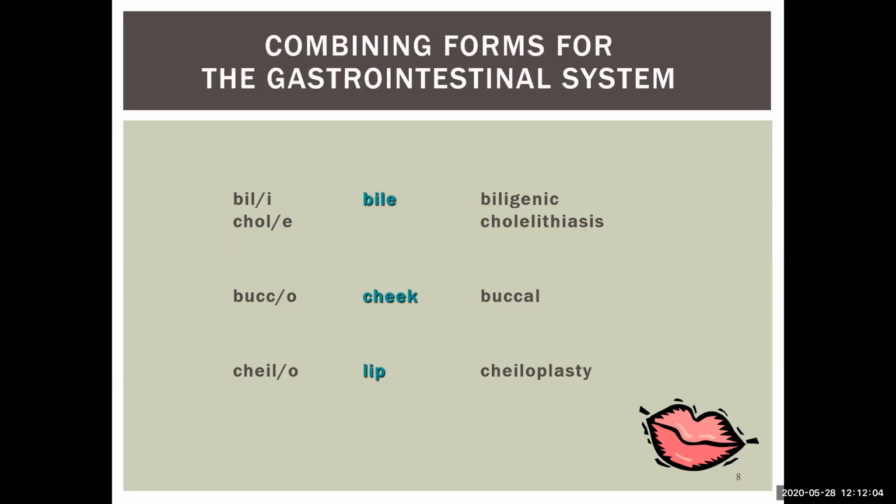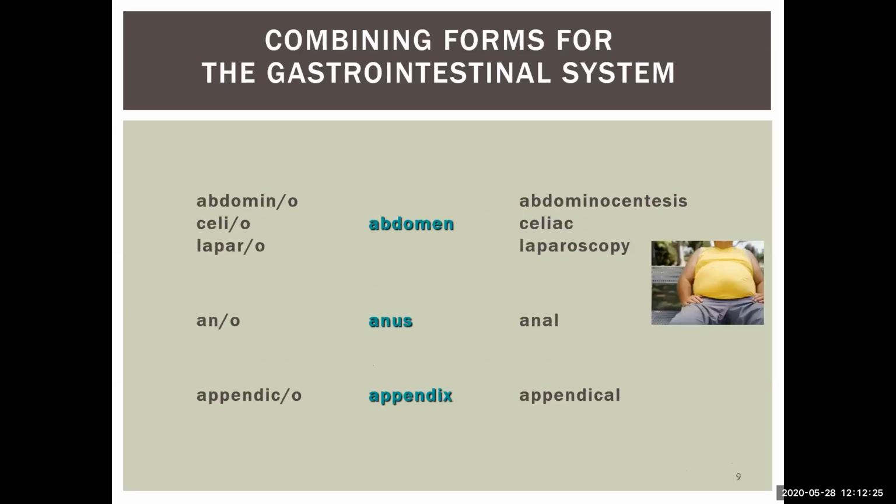So lith would be stones, and then pertaining to stones in the gallbladder is what cholelithiasis would be. Bucco means cheek, and then buccal is pertaining to the cheek. Cheilo, or some people say chilo, but it's pronounced cheilo, is the lip. So cheiloplasty is to have reconstructive surgery on the lip, often seen from injury.